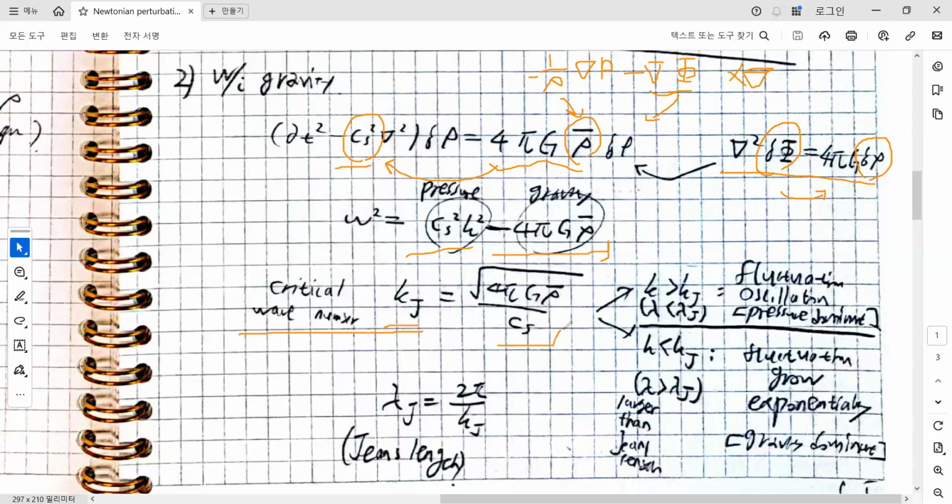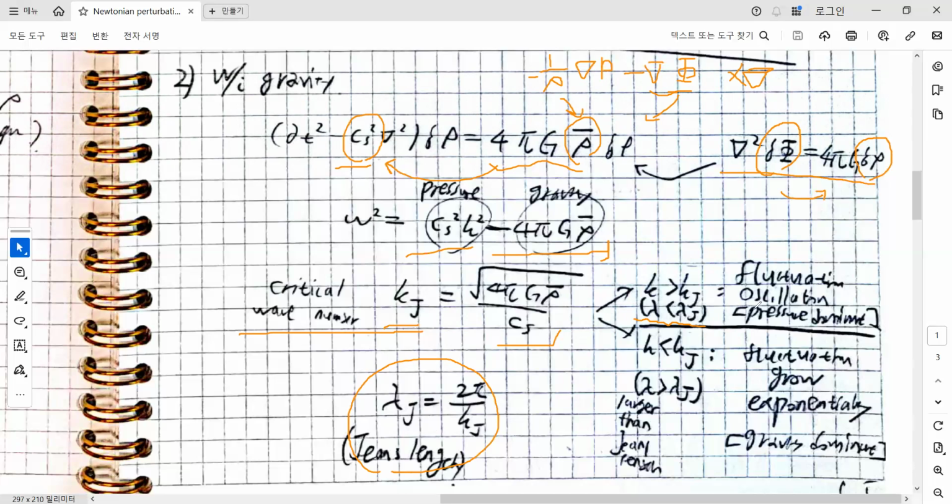So if k is larger than that critical number, so the wavelength is smaller than this length, lambda_J, defined as 2 pi over the wave number, then the fluctuation satisfies a positive frequency, so it gives the plane wave solution.